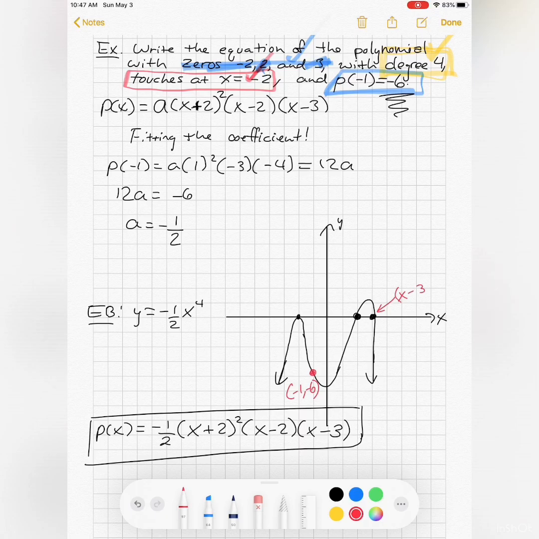So I know a factor would have to be x minus 3. I can see it crosses like a line. Same thing here. Then I'd say, okay, here I see it touches. So then I would write my factors out, and then I'd have to figure out what the A was. Same thing we did, right? So you could do this based on a graph. Then you plug in this point.